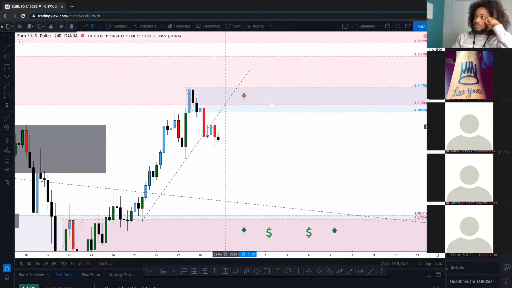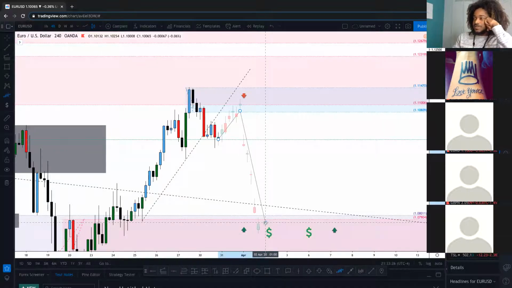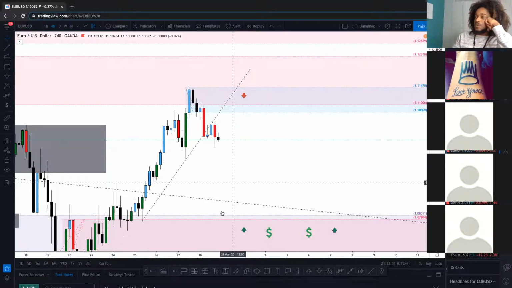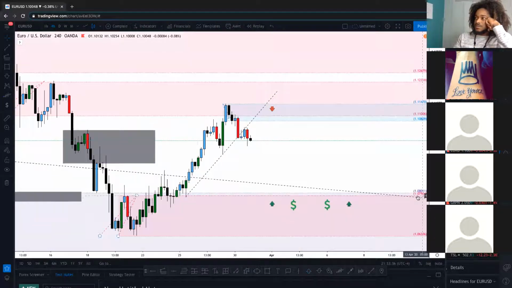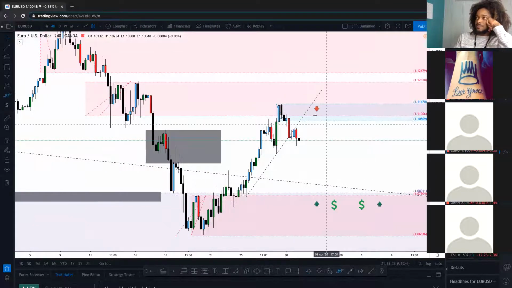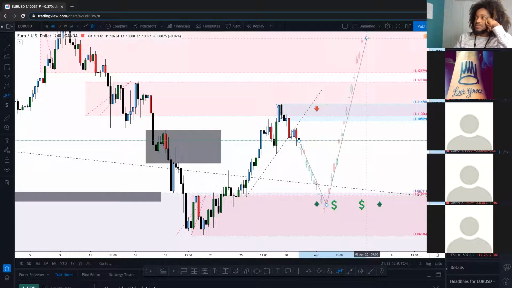If the market doesn't come up to react to this level for us to go short, that is fine. However, what we truly want is to go long. So we would wait patiently for the market to come down and test this daily supply and demand nested in the monthly demand to take the price up.